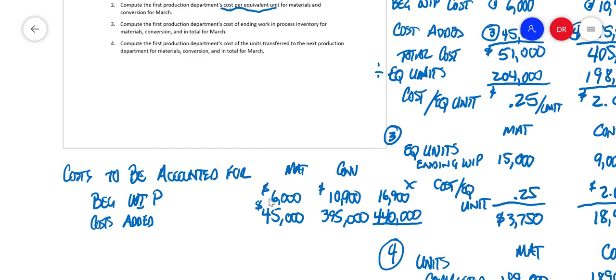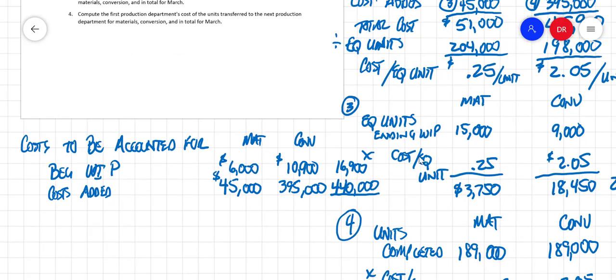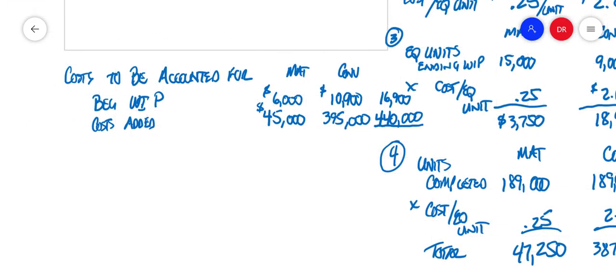Our total, let me make an adjustment here real quick, just to get this out of the way. You already know what number 4 is anyway. Anyway, the total here of cost to be accounted for is 456,900.